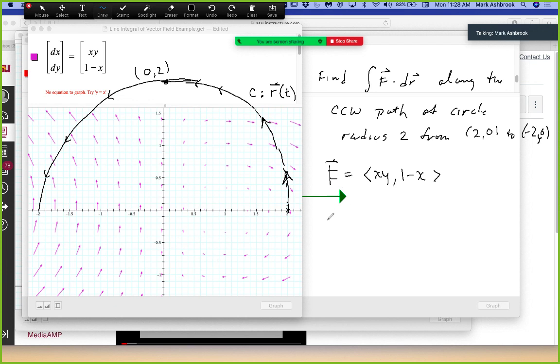And then what is my r going to be? It's the counterclockwise path from 2, 0 to negative 2, 0 along the circle of radius 2. So I'm going to make x equal to t. Is that right? Wouldn't we need a trig function? Okay, so remember, we always want to use the most natural parameterization.